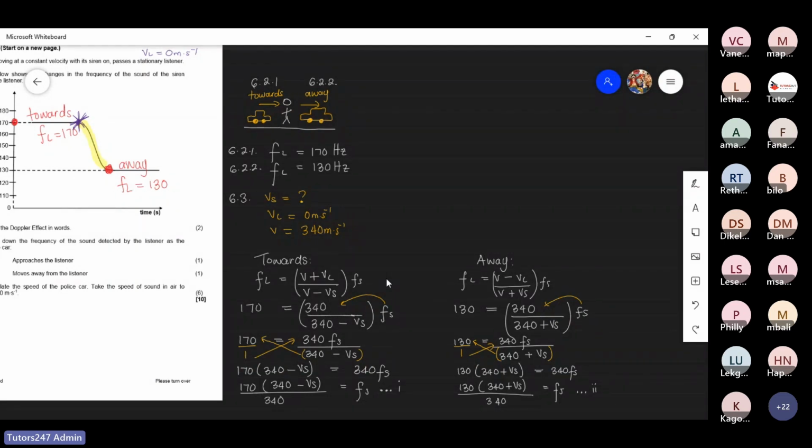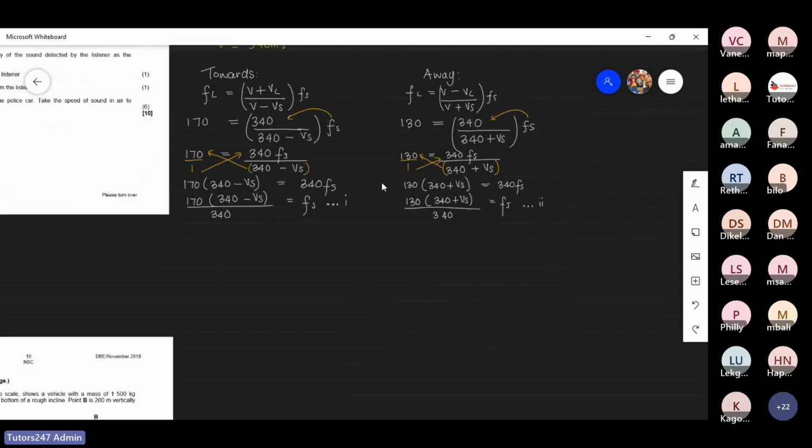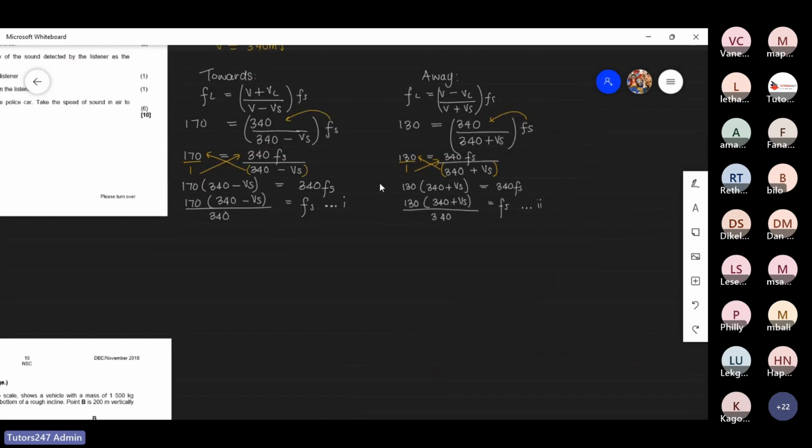That is why we ended up with two different equations, because we had two different scenarios and two different unknowns. Our first unknown is what we were calculating for, which is Vs. Our second unknown is the frequency of the source. That information was not provided.